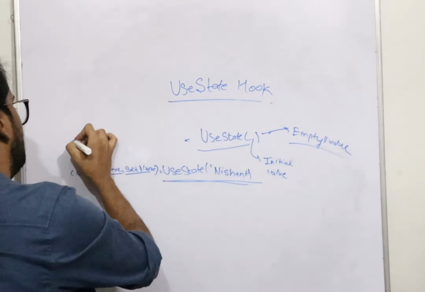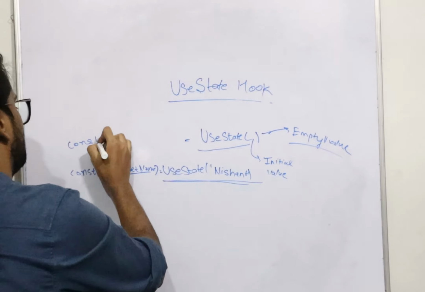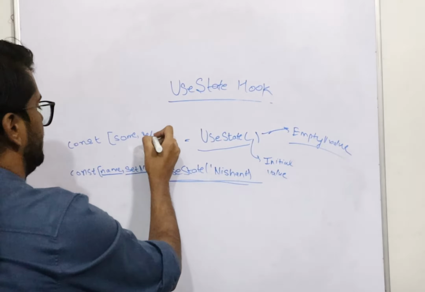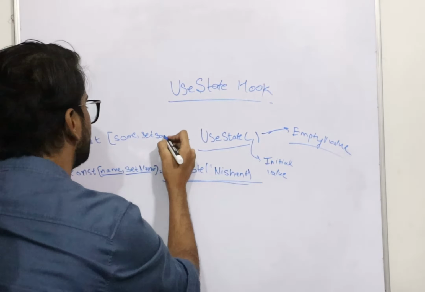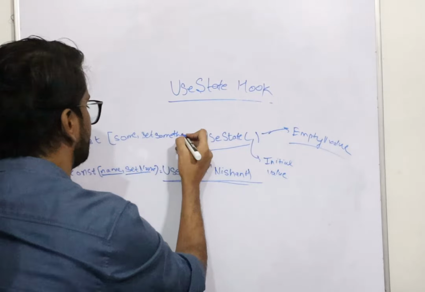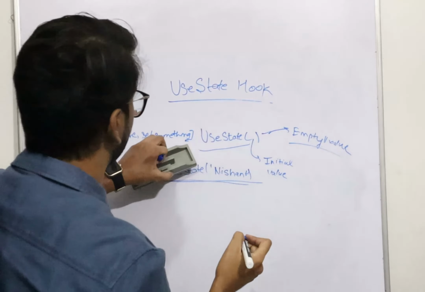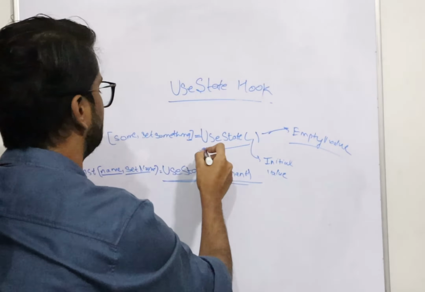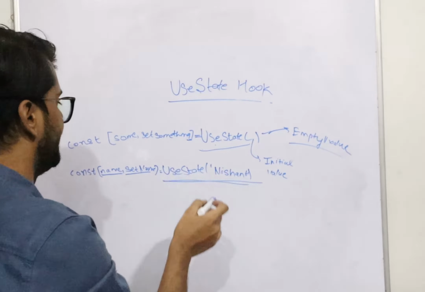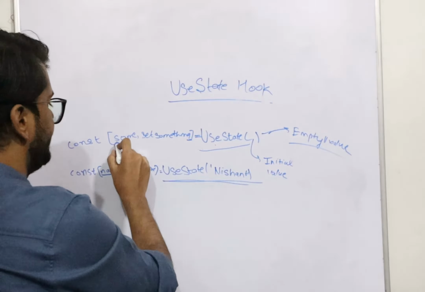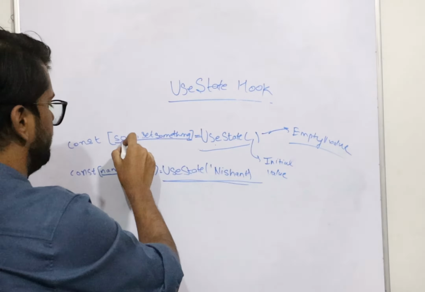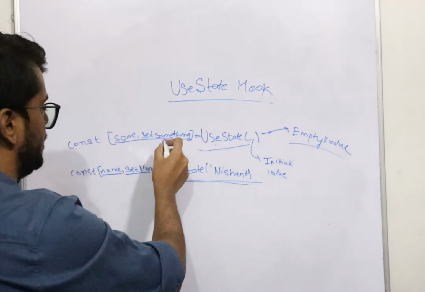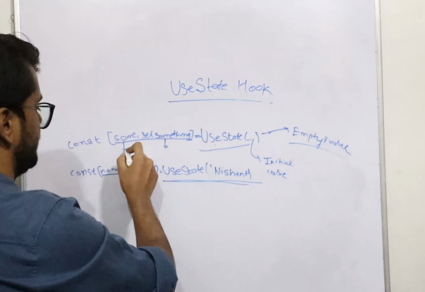Let's say we create a state here called const something and setSomething. This will be equal to useState, because useState returns us an array and it contains two things: something, the state name, and setSomething, the setter function to set this state.